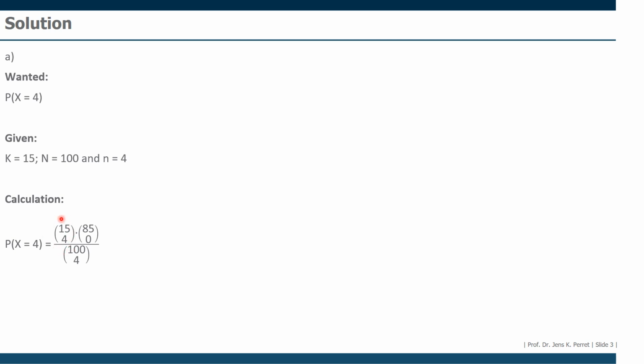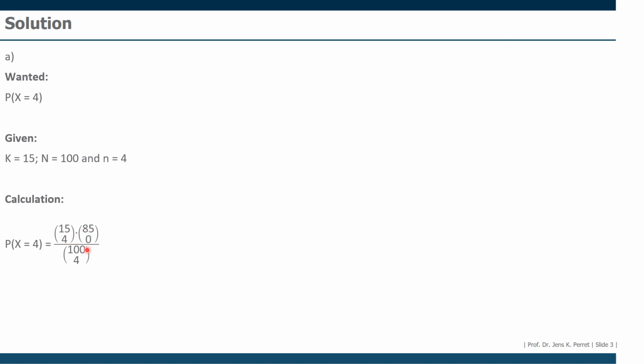So this first part is about those students who quit. There are 15 students in total who will quit. 4 of them should be in the sample. This part is about those students who do not quit. So on average, there are 85 students who will not quit, and we want 0 of them in our sample.